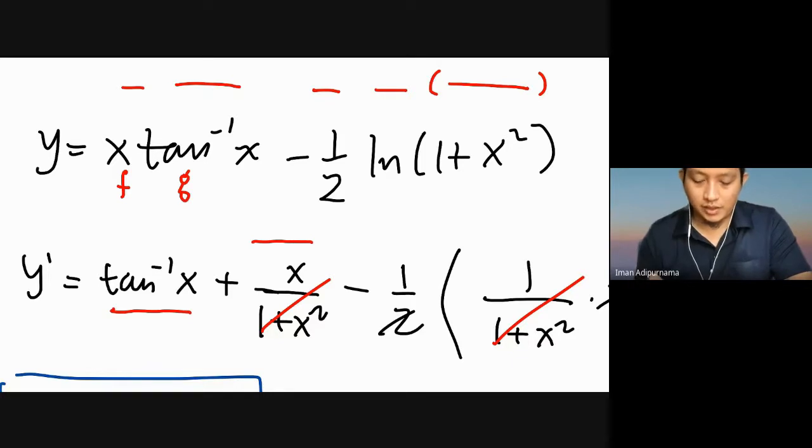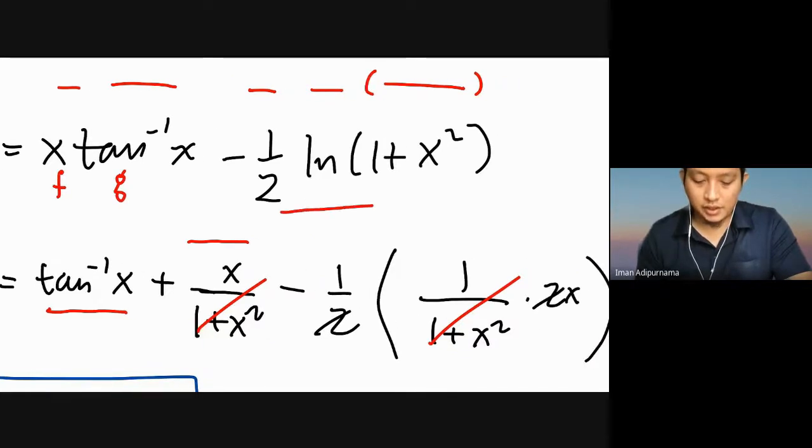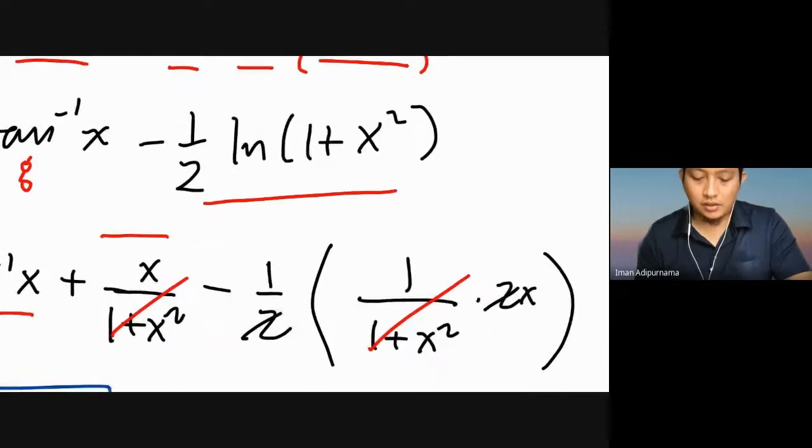Then the second term, the half ln, we differentiate ln and write 1 over 1 plus x squared, and then chain rule, multiply by 2x.